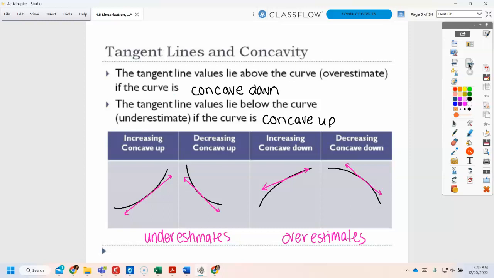Both start with U. Up, under. Concave down is an overestimate. So down and over both have O's. Up, under, U. Over, down, O. Any better tricks to help you remember?